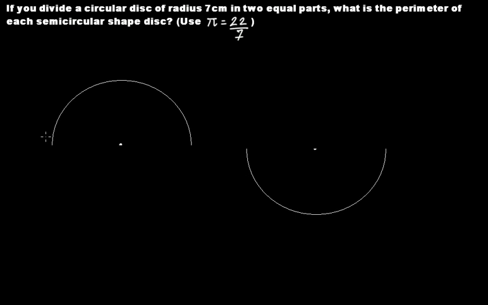But in this case, when we cut this into two half parts, then you can clearly see that if you have to calculate the perimeter of each semicircle, then not only this will be the outer surface but also this that we are denoting with the dotted lines, right? That is the diameter in this case.